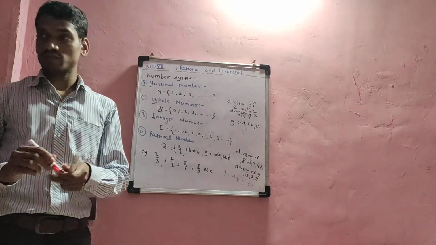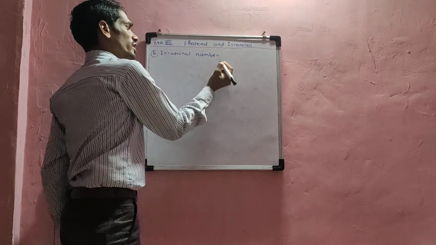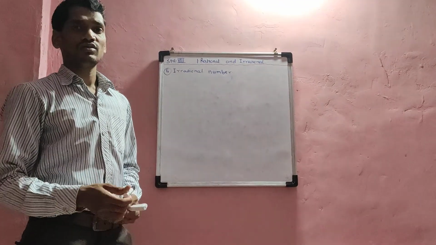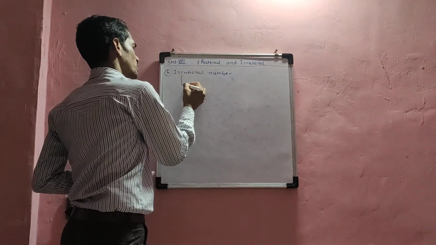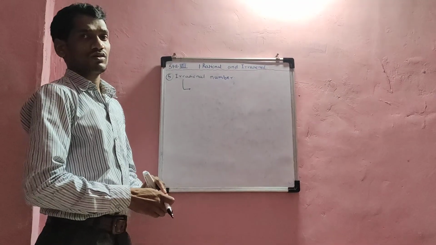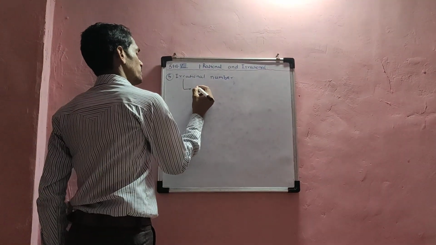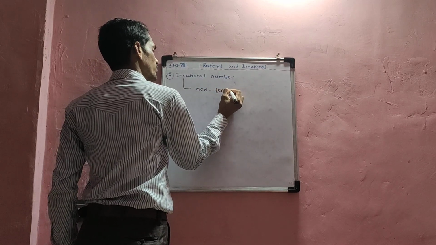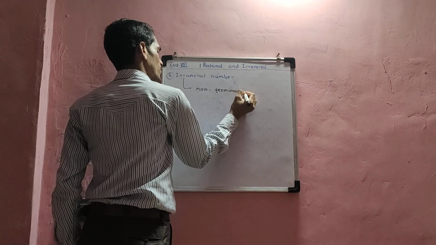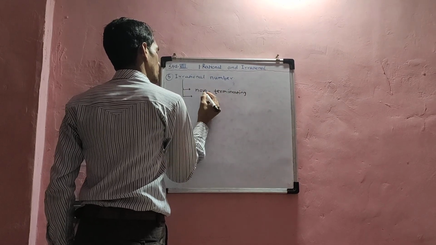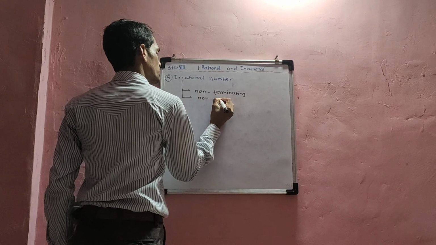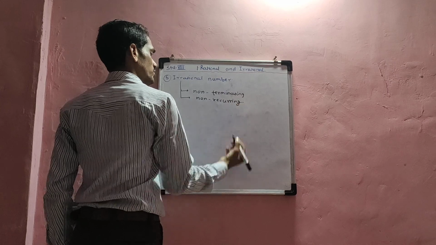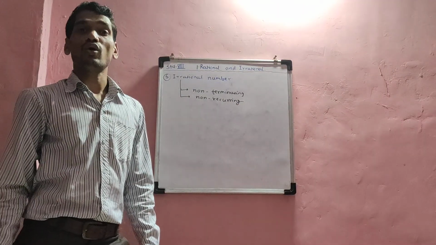Okay students, next is the irrational number. So what is an irrational number? Generally it is a non-terminating and non-recurring number.